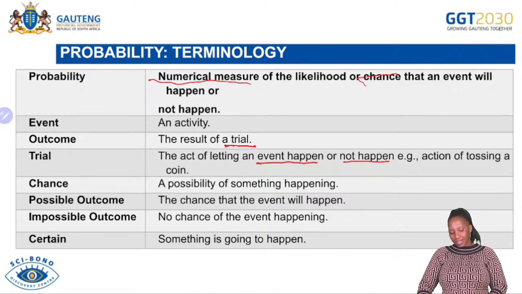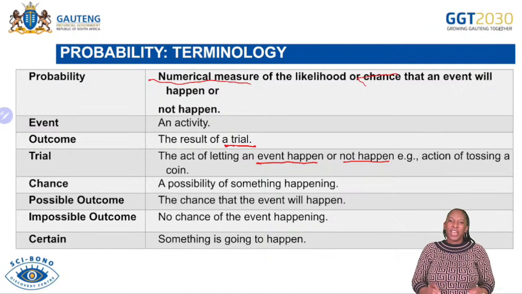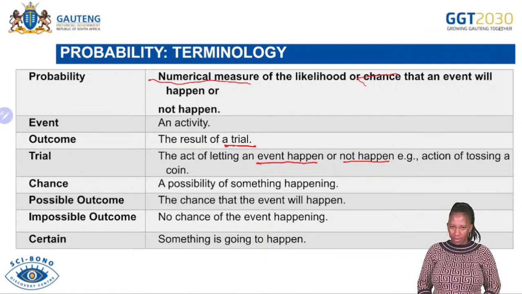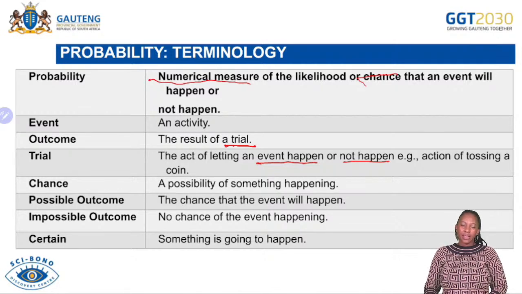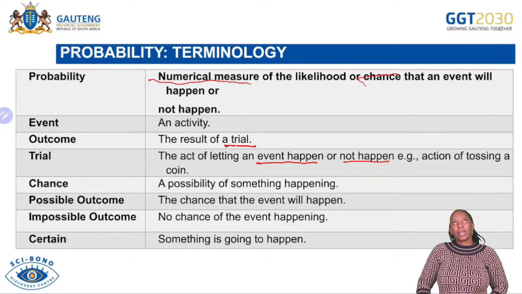Now, when we talk about certainty in probability, we are saying we are very sure that something is going to happen. For example, let's look at the weather outside today.